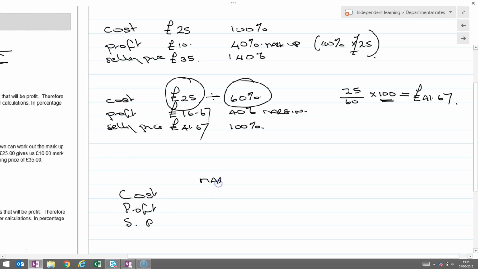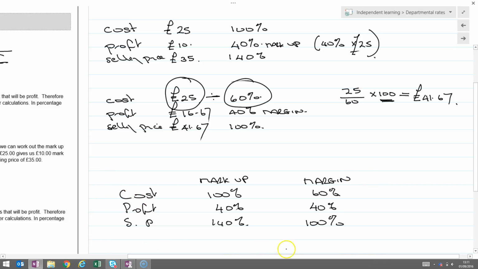With markup, we make the cost equivalent to 100%, we add the profit, and we've got our selling price in percentage terms. With margin, it's the selling price that is equivalent to 100%, profit is 40, so our cost is 60.